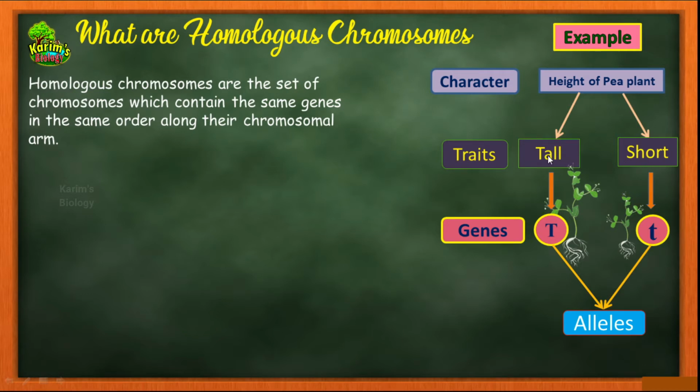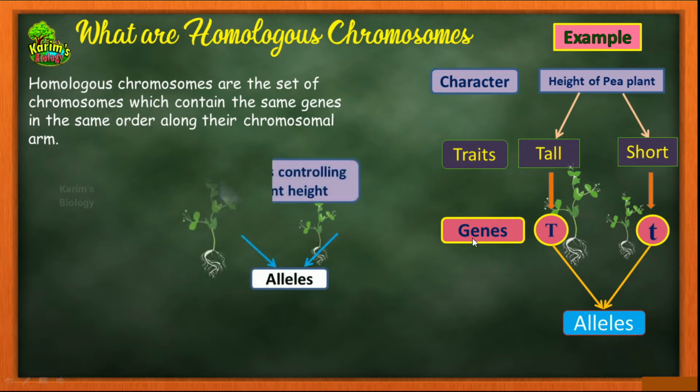When the pea plant is tall, the gene that is responsible is capital T, and when the pea plant is shorter in appearance, that means another version of the same gene which is controlling the height of the plant is present, which is small t. So these two are called alleles because they are two different versions of the same gene. So this is about alleles.